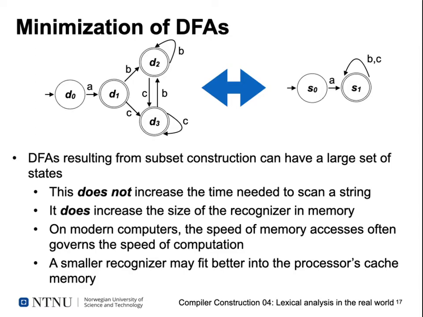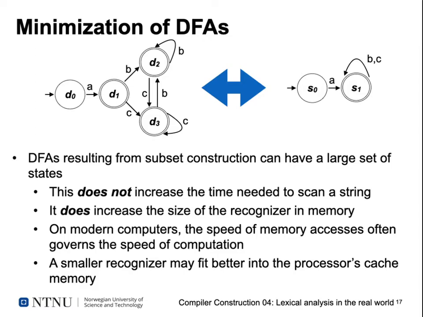To be honest, on modern computers for realistic examples, the speed of memory accesses actually often governs the speed of computation. So even though our memory size for storing this delta function is not a real problem anymore, still, if we, for example, can keep our graph or a delta function inside a cache line, we can have a smaller recognizer that actually is faster to execute.